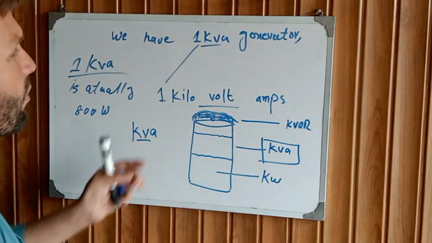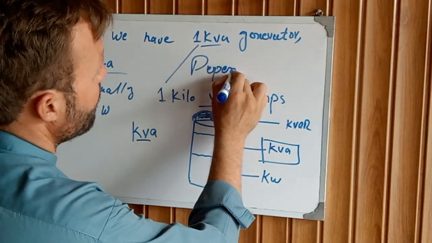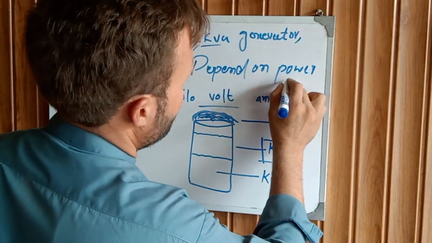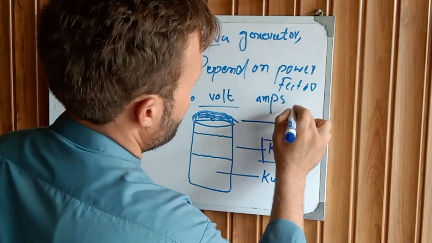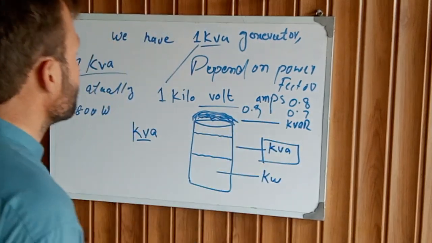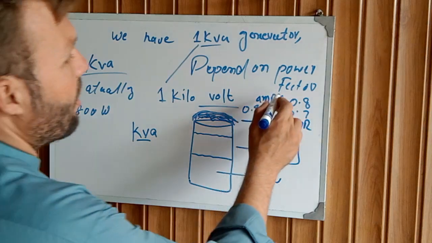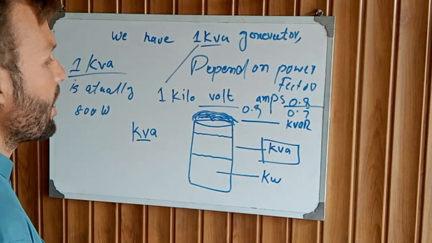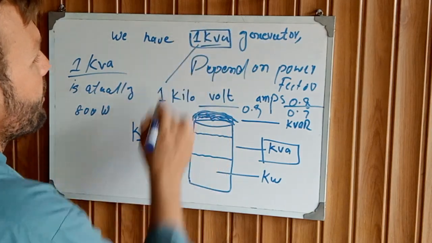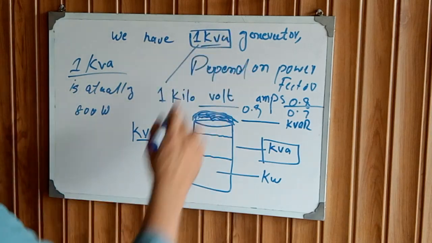When we put the load on a 1 kVA generator, it depends on the power factor, 0.8, 0.7, 0.9. The calculation of kVA in kilowatts depends on the power factor. It's not completely the actual power, that's only kilovolt amperes.